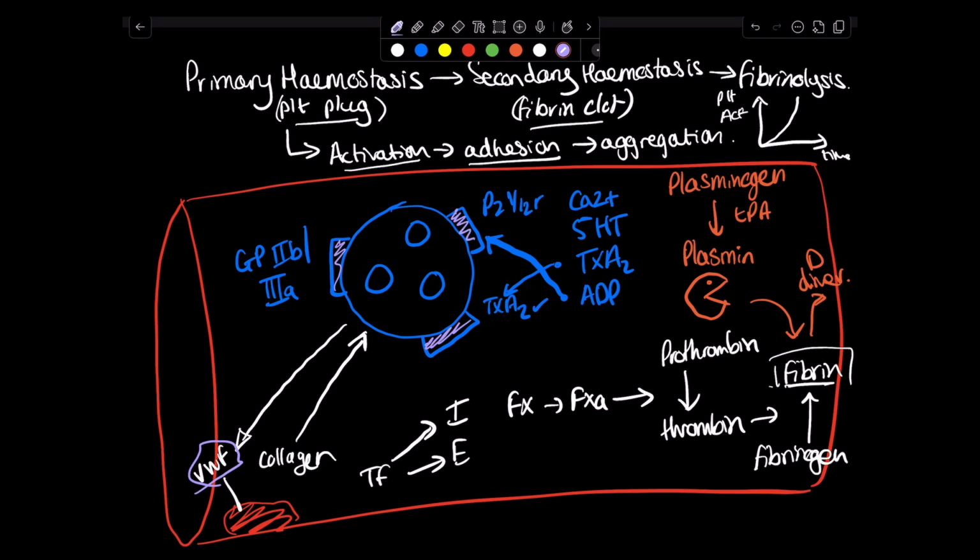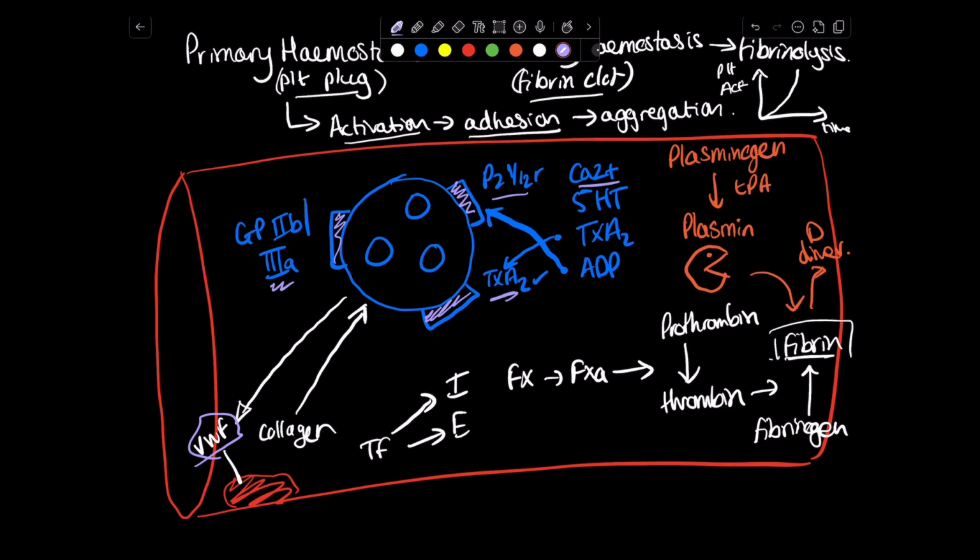For example, clopidogrel acts on the P2Y12 receptor, and you've got agents such as abciximab, eptifibatide, and tirofiban, which work on the GP2B3A receptor here and prevent the platelets sticking to each other. And finally, you've got the classic non-steroidal anti-inflammatory drugs which inhibit the production of thromboxane A2.